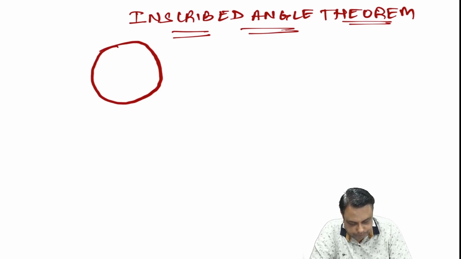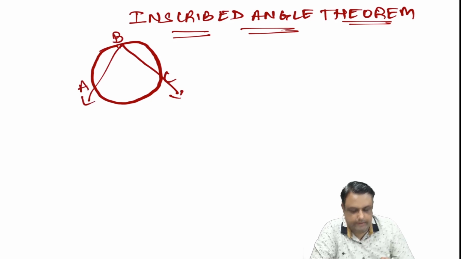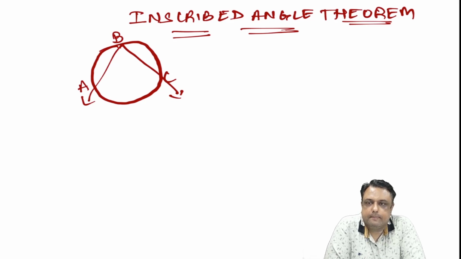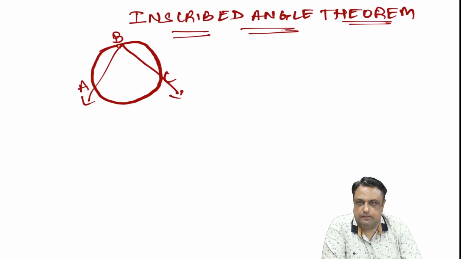Consider a circle. ABC, if you see this. A, B, C. B is a point on the circumference of the circle.